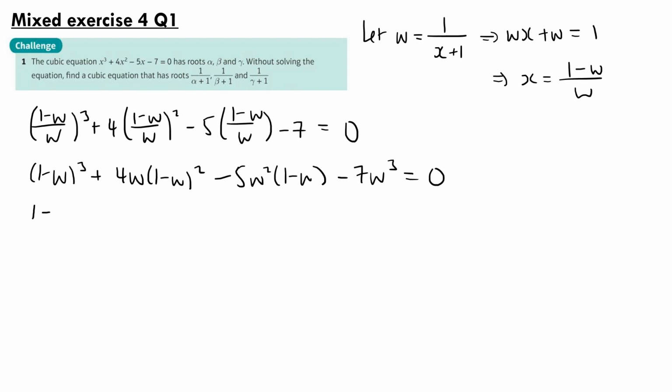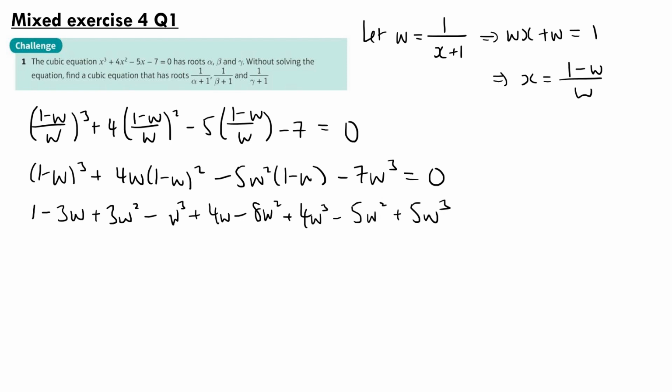So 1 take away 3w plus 3w squared minus minus w cubed. Then we've got plus 4w, minus 2w times 4w is minus 8w squared, plus w squared, so that's 4w cubed. Then we've got minus 5w squared plus 5w cubed, and finally minus 7w cubed.